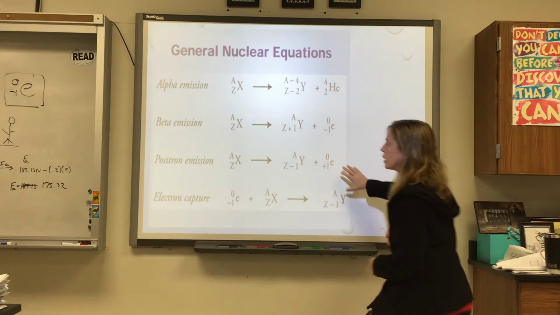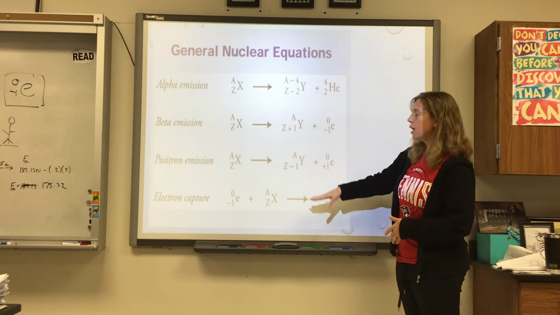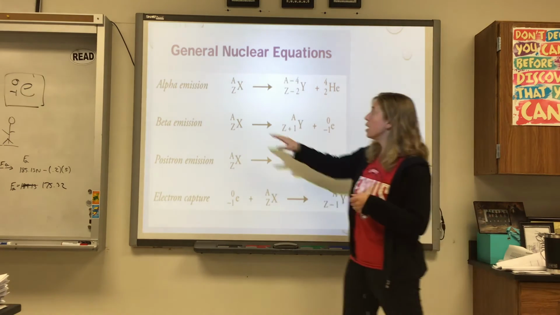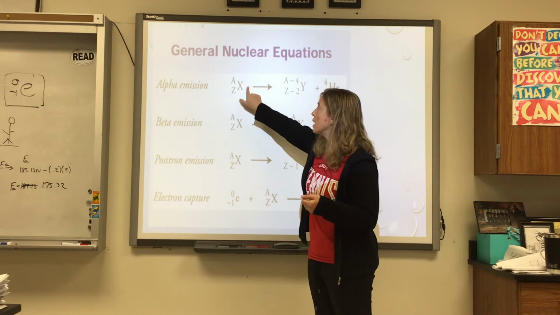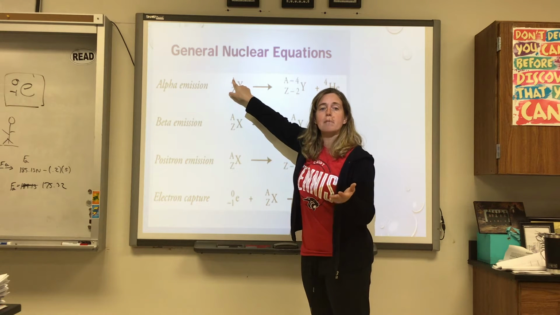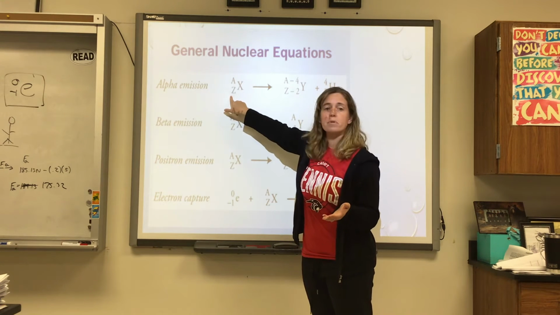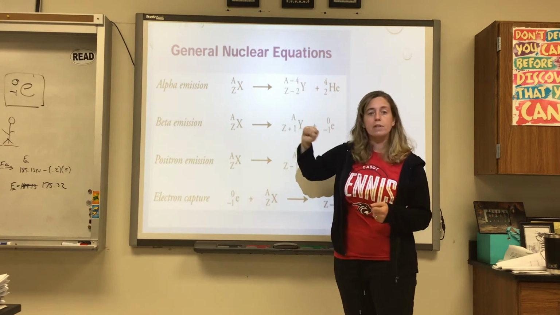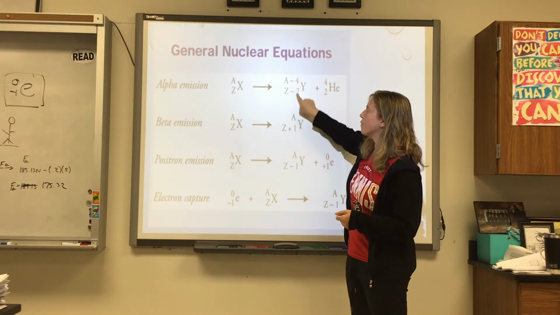Now, we won't be talking about positron emission and electron capture, but let's look at a general example for a nuclear equation. Here's your original sample that you start with. A represents the mass number, and Z represents the atomic number, okay? When I'm doing alpha decay, I'm subtracting off the helium.